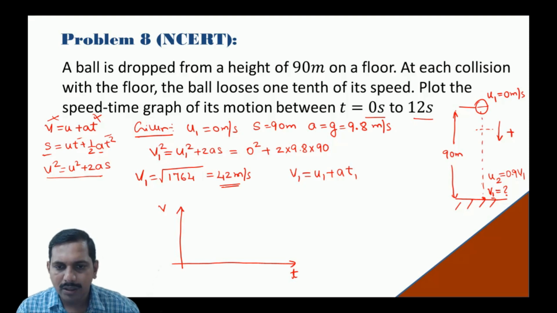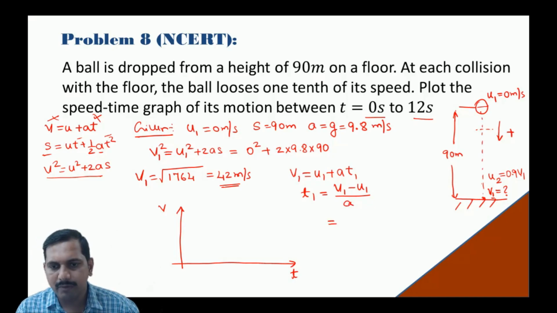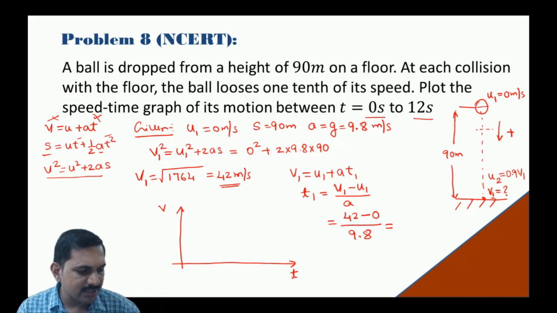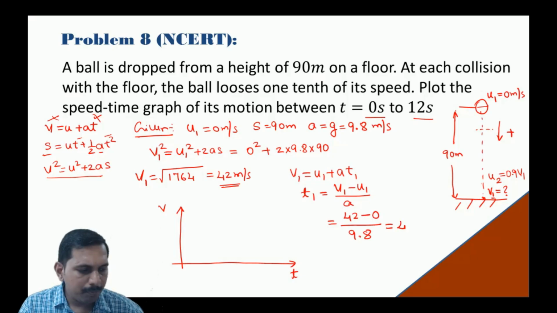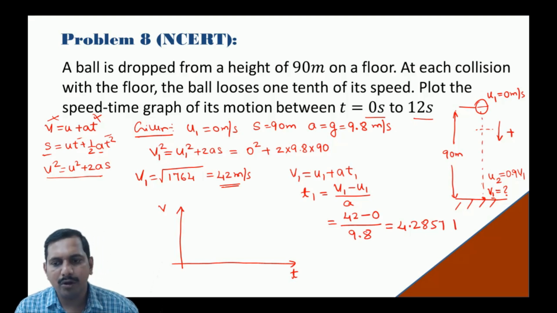So t1 would be equal to v1 minus u1 divided by a, which is 42 minus 0, divided by 9.8, and we get the answer as 4.28571. It continues further, but we have taken only till here, or we will take it further down.